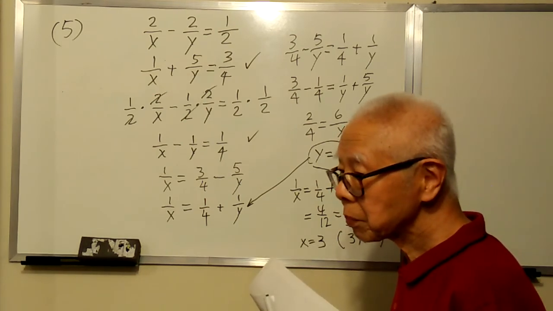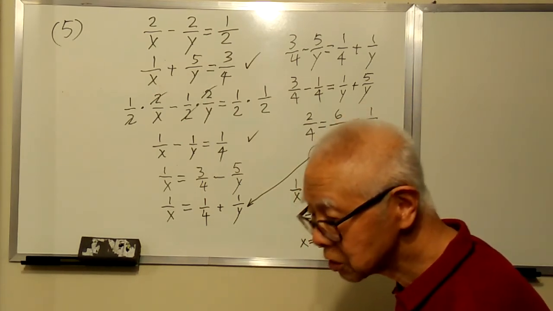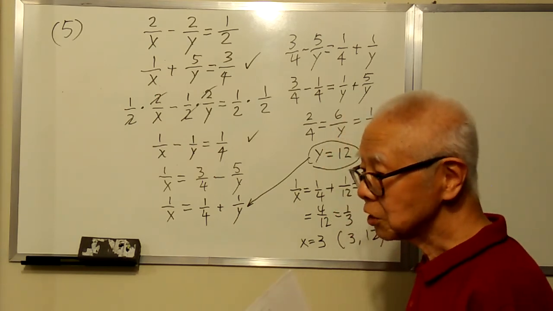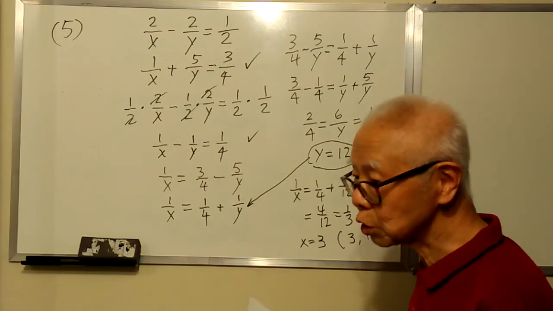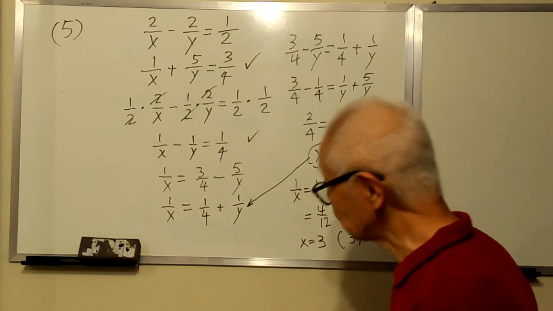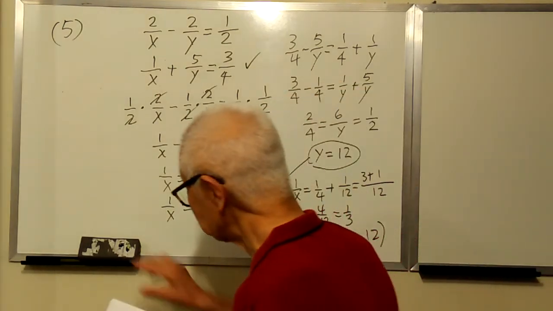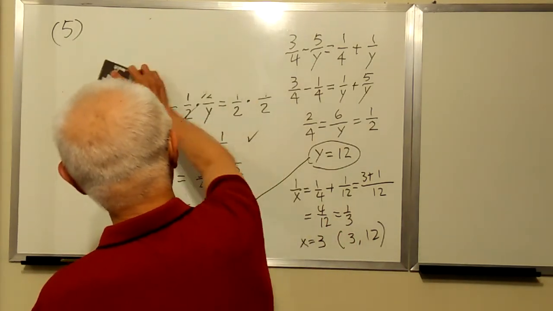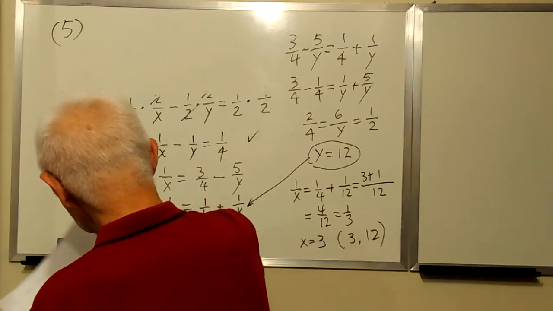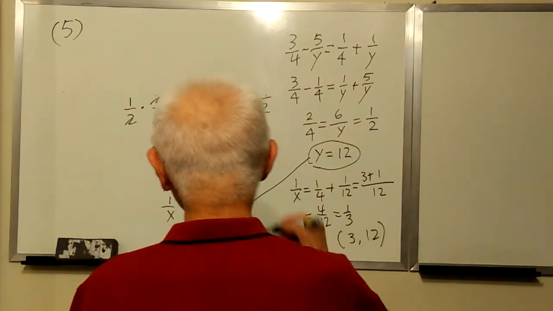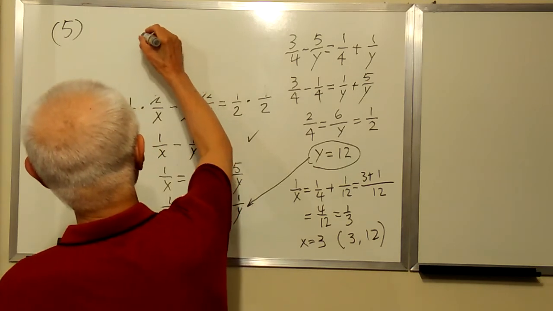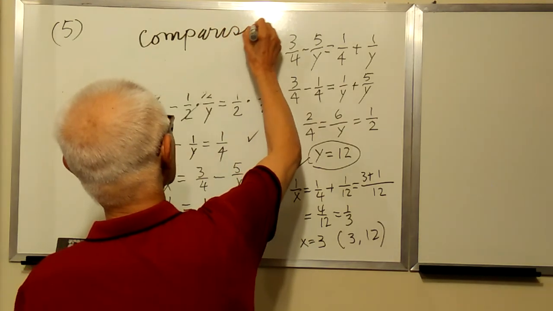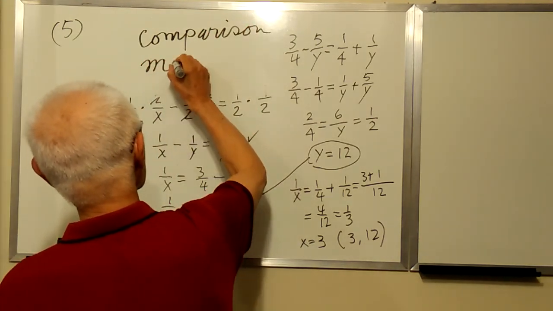In other words, I make one side of both equations the same. Then the other side of both equations should equal to each other. That's how I do it. So what is the name? The name is called a comparison. You compare one side, and you conclude that the other side must equal to each other. So this is called a comparison. Method of comparison.